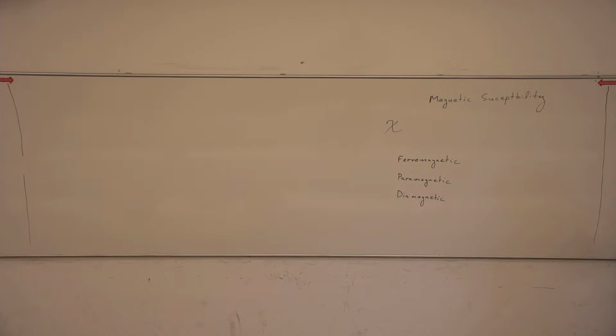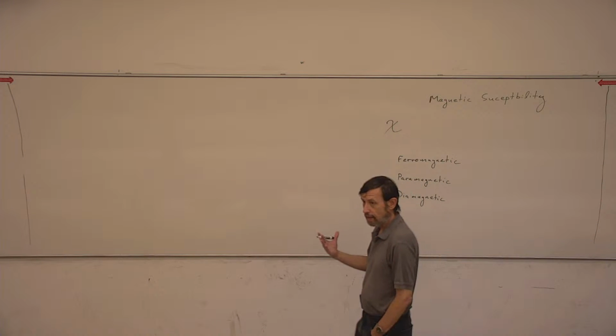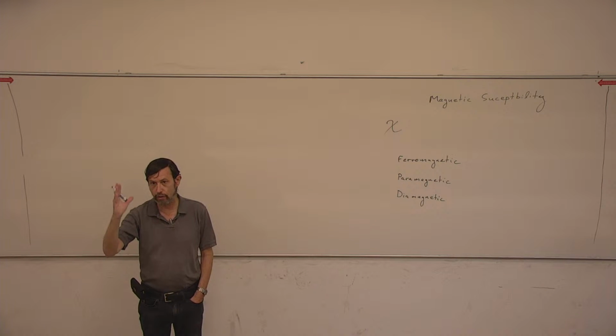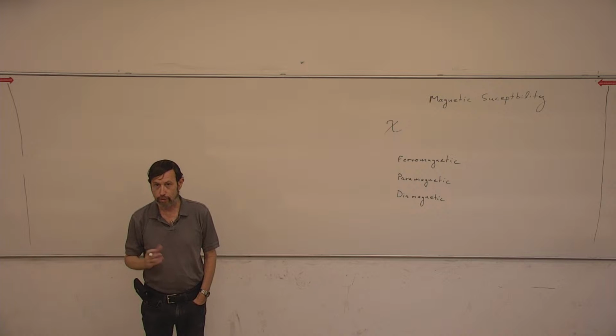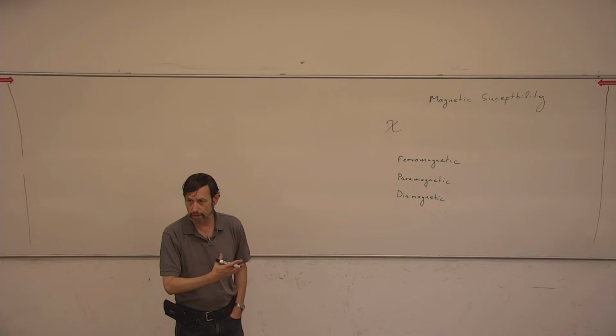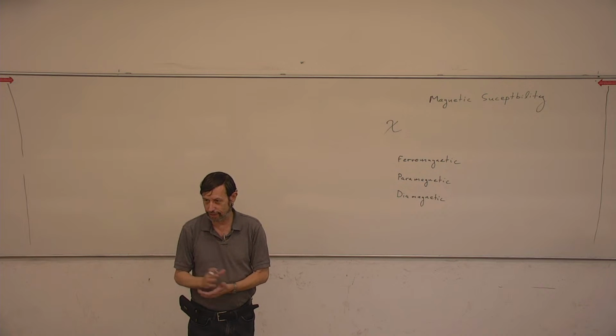So a ferromagnet is what you in daily life call a magnet. It's a material that has a constant magnetic moment, and due to the magnetic field, it may change its direction or get ordered. A good example for that is iron. Iron has a permanent magnetic moment. Sometimes, due to disorder, it's pointing in all directions.